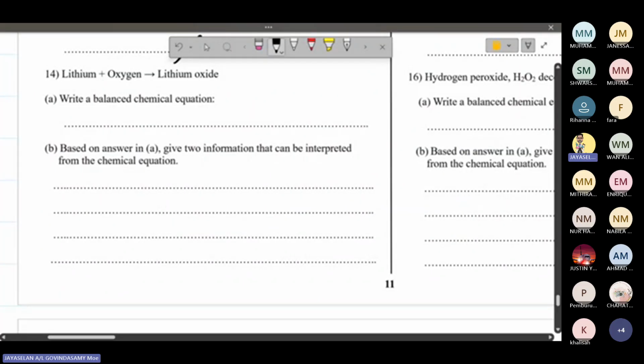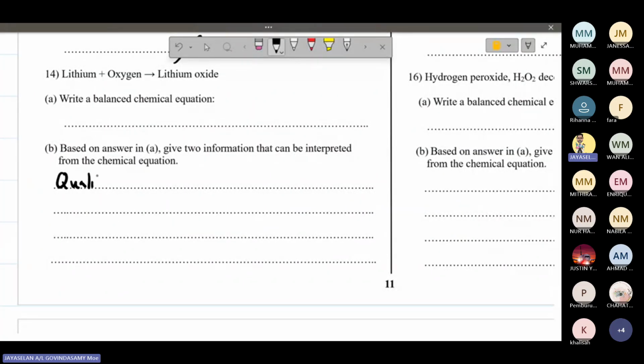When they ask 2 information, you put here qualitative, one information: what is the reactant, what is the product. Then you put quantitative, and you give how many moles. Then the examiner will write, wow, this student is very good. Okay, any question?